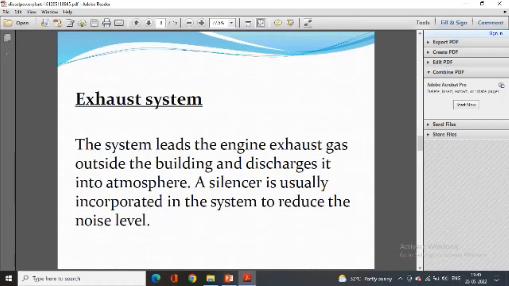That's why we need a chimney. Before exhaust gases pass to the chimney, we need to install a silencer to reduce the noise level and remove the impurities from the exhaust gases.